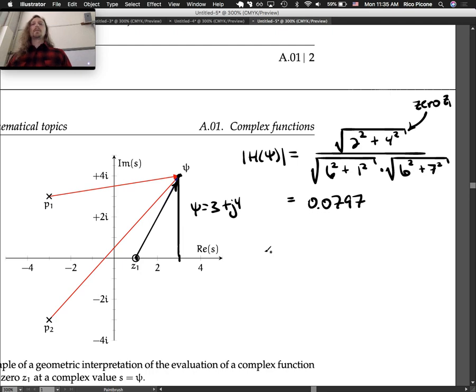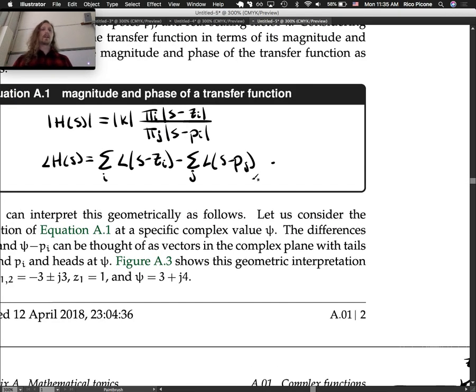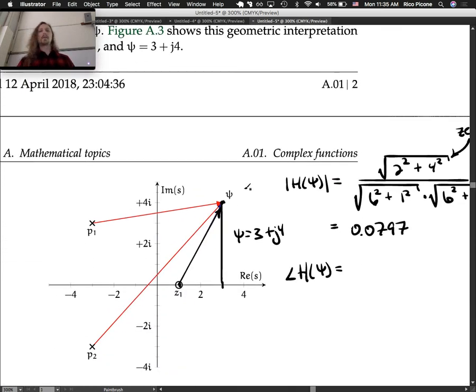We could also do the phases, and I'm not going to go through the phases in numerical detail, but we can do it qualitatively. The angle of h of psi is equal to, going back to our equation here, you add the zero angles and you subtract the pole angles, right?